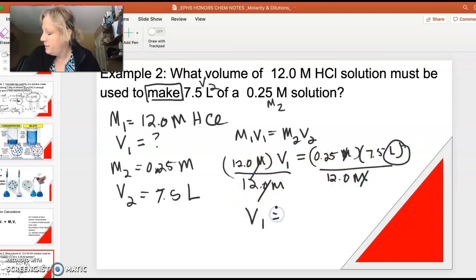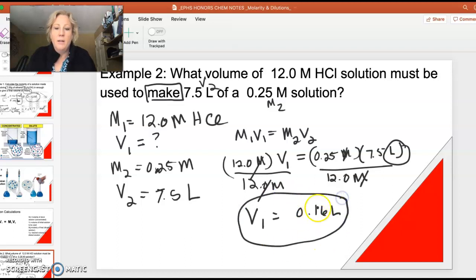So V1 in this case is 0.16 liter. So I'm only going to need a small amount of this really concentrated stock solution to make a big amount of this dilute solution, maybe my lab solution.